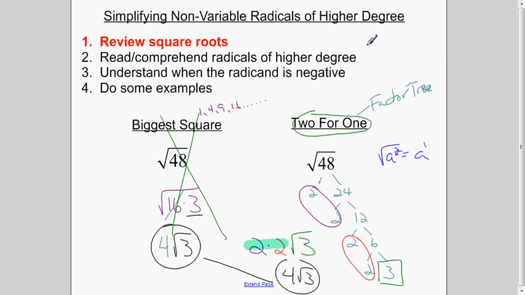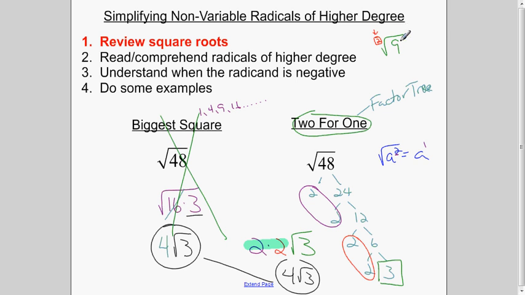Well, the one thing I want you to realize is when we write square root of, say, 9, there in fact is no number written right here. Well, that number that's not written is actually 2. And this should make sense because when we do square rooting, we're saying what two identical factors make 9.